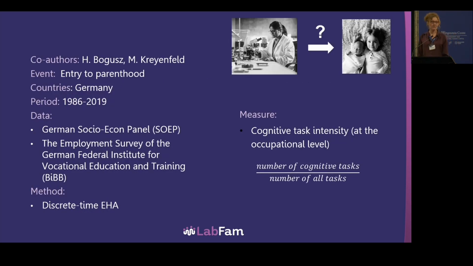This study was conducted in collaboration with Honorata Bogusz, who is sitting here, a PhD student, and also Michaela Kreyenfeld. It is located in Germany, and we used the German Socio-Economic Panel, which allowed us to trace the fertility and employment behaviors of workers from the late 80s till 2019. In addition, we also used the employment survey of the German Federal Institute for Vocational Education and Training.